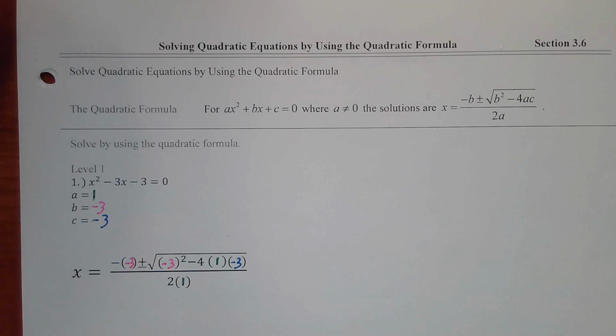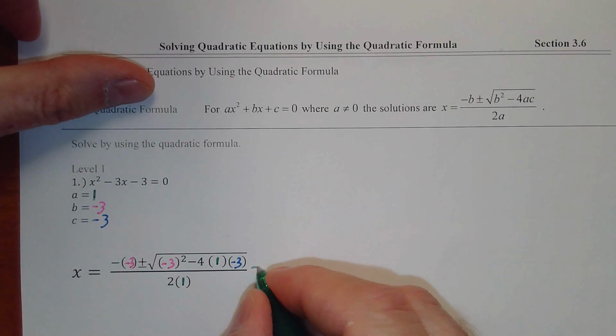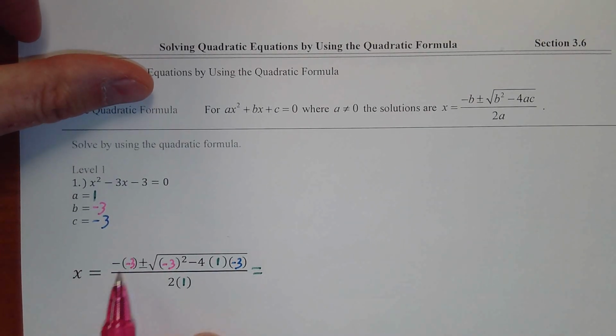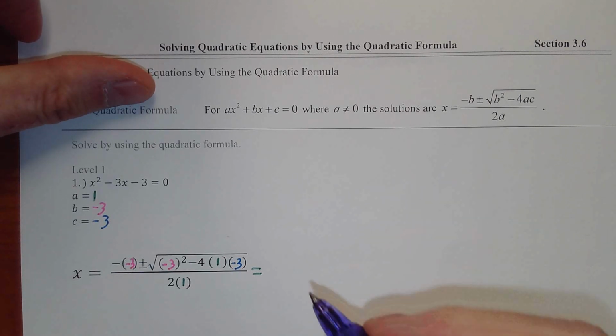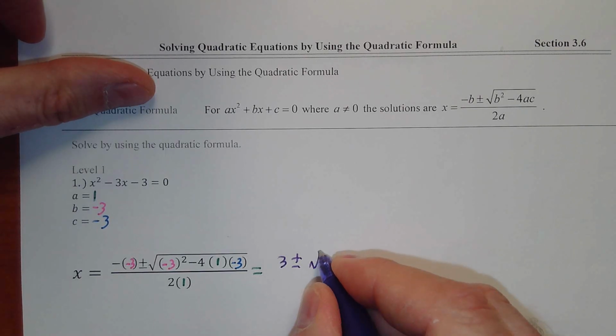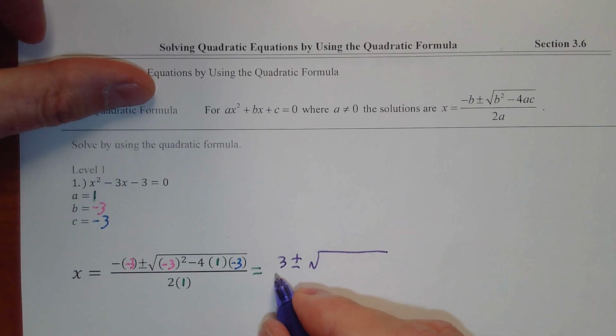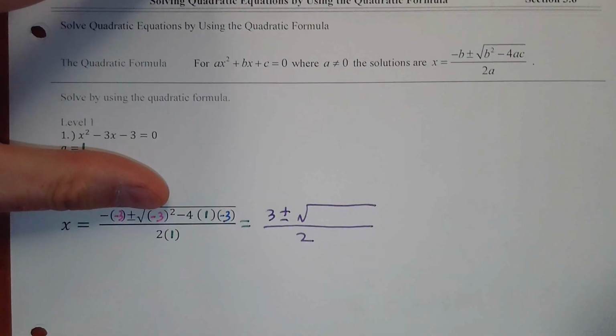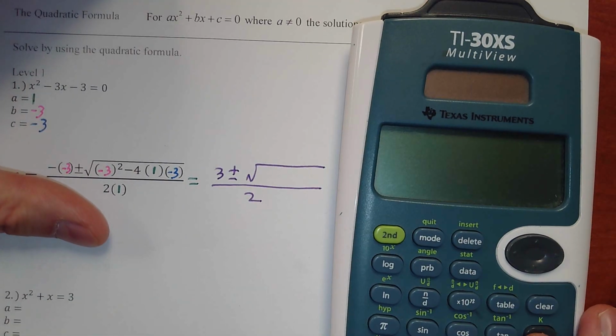So when we're doing this, let's first deal with this. Double negative, that's a positive. On the bottom, that's a 2. And let me cheat a little bit here and use a calculator.